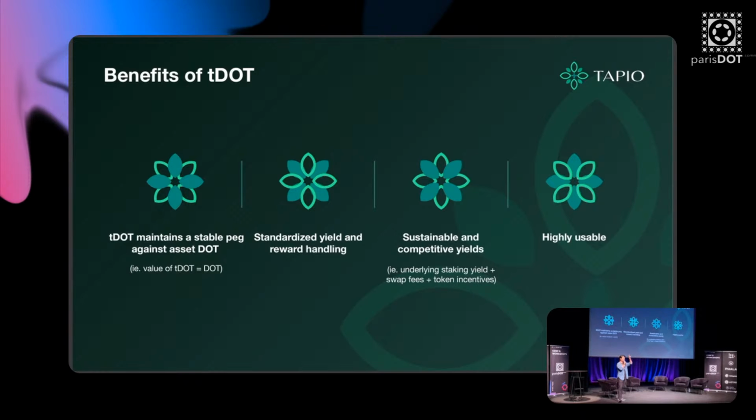Because again, T-DOT is backed by DOT and LDOT. And if there are users looking to get out of their LDOT position, that's where the swap occurs, and that's where the fees get generated. Right now, all those fees get distributed back to the T-DOT holders. And then the third one is token incentives. This piece we haven't launched yet, but it is something that we will be introducing. So out of those 3 different sources of yield, 2 of them are actually quite sustainable.